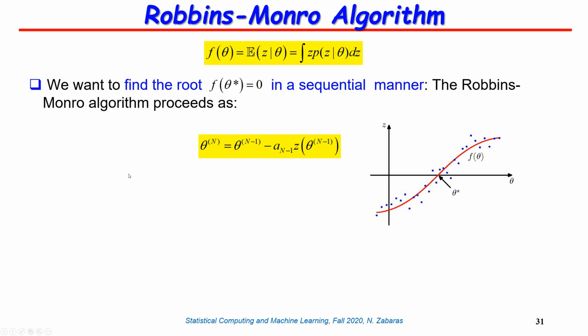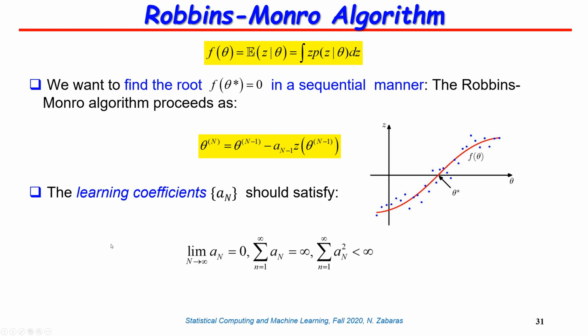Now, to make this work, and this is part of the fundamental work of Robbins-Monro, you need to have some constraints on the learning rates, and these constraints are summarized in the three equations on the bottom. So as n goes to infinity, a_n has to be equal to 0. The summation of all of the a_n has to be equal to infinity, and the summation of a_n squared has to be less than infinity.